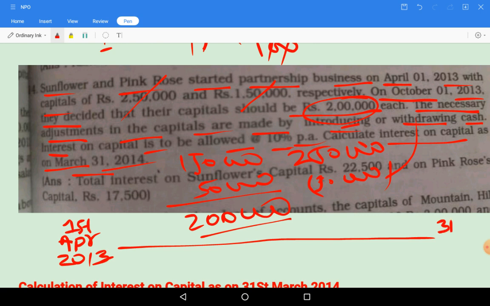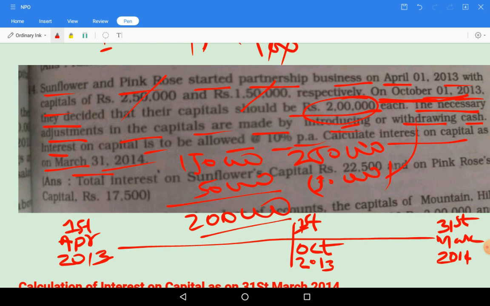Till this period we need to calculate interest. 31st March 2014. अप्रैल से मार्च तक करना है. बीच में एक डेट दिए 1st October 2013. Take a line, this is time. So this is nothing but 1st October 2013.